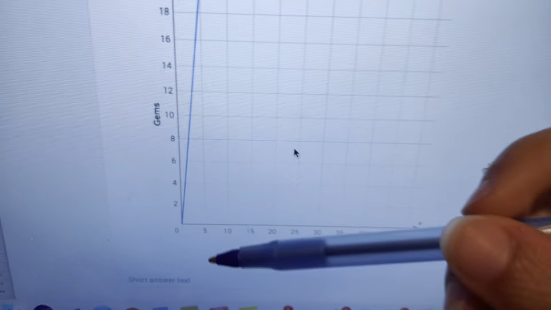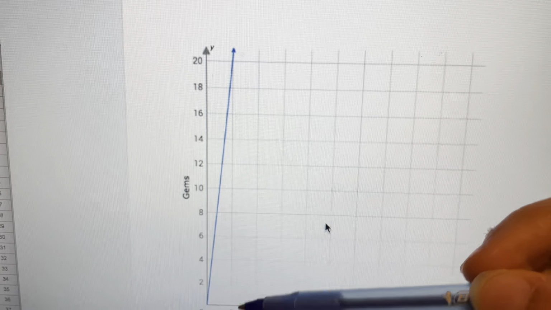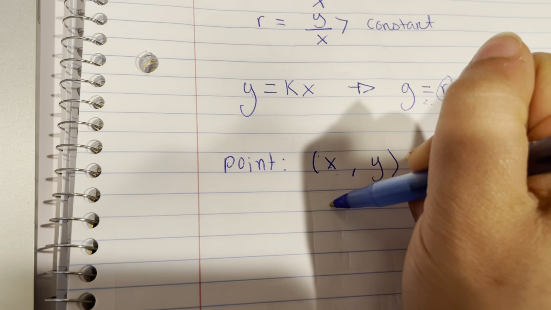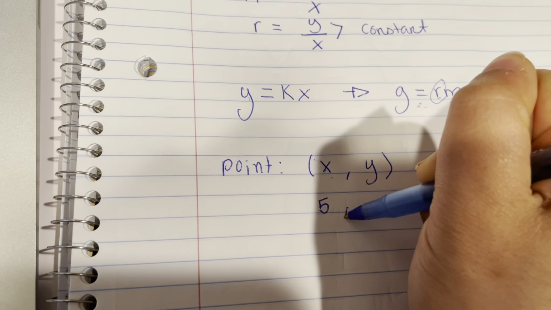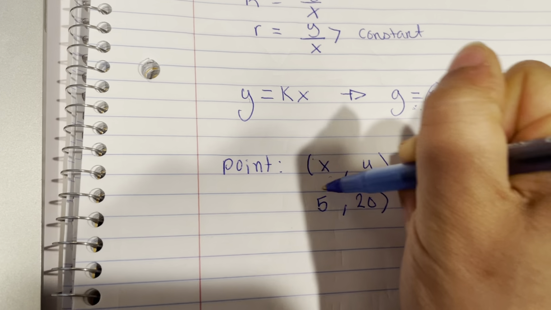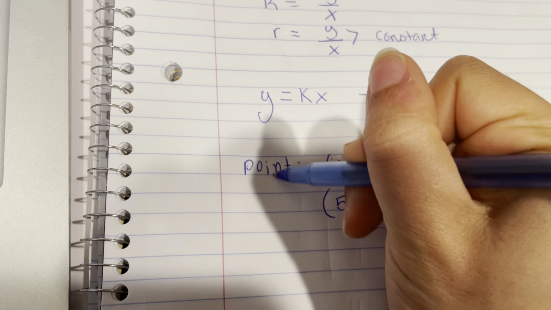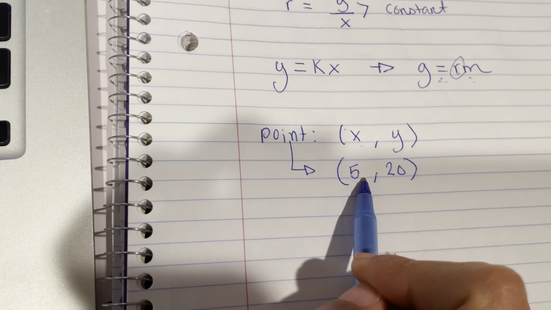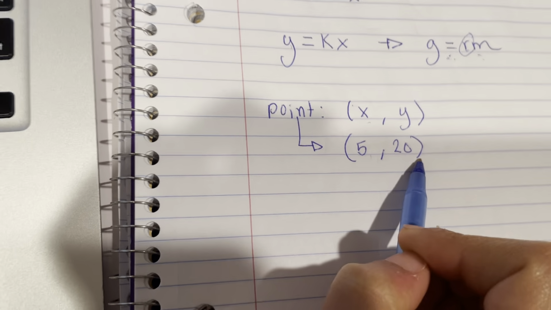So my point is 5 for x and 20 for y. So this right here is the point on the line, 5 comma 20.